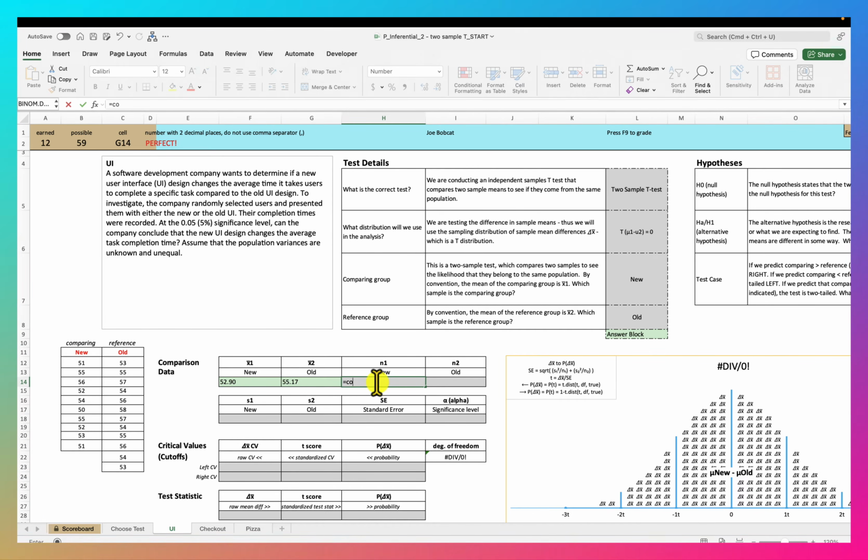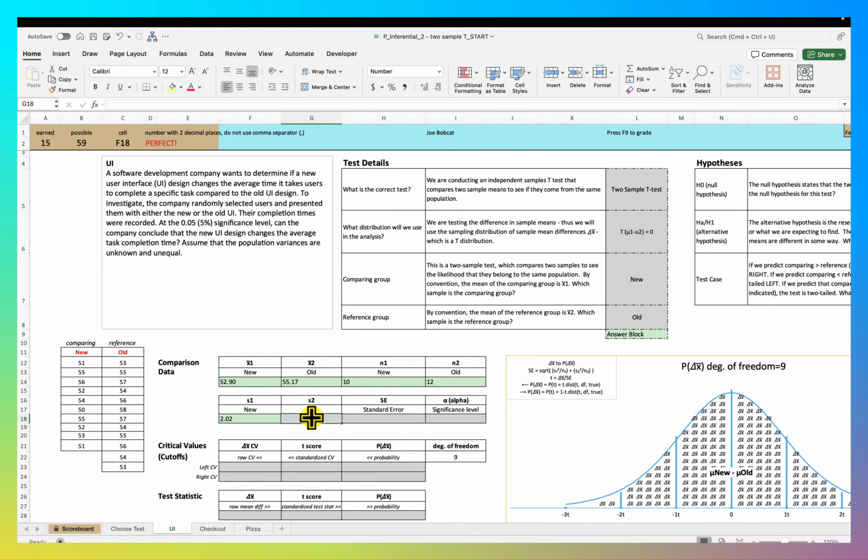So let's keep going. So count new, count old, and standard deviation, which, remember, this is a sample, so it's .s of new, and of old, standard error.